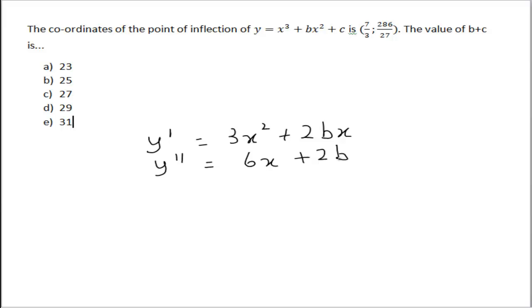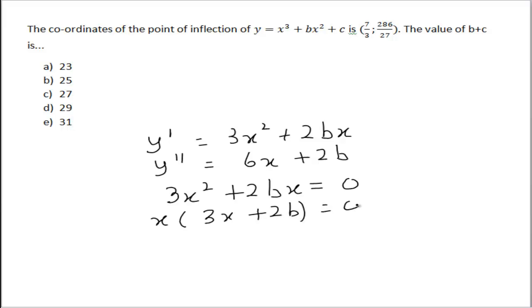So this is 3x squared plus 2bx is equal to 0. So you've got x times (3x plus 2b) is equal to 0. x is equal to 0, or x is equal to minus 2 over 3 b.